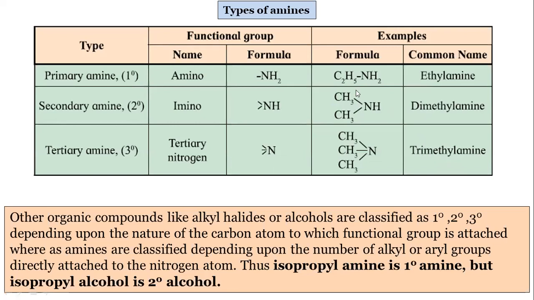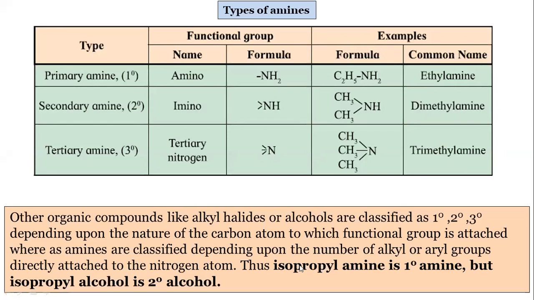I want to give the explanation of why students get confused between amines and alcohols. If the carbon is tertiary, the amine will be primary. For example, isopropylamine is a primary amine, but isopropyl alcohol is a secondary alcohol. See the difference between amines and alcohols.